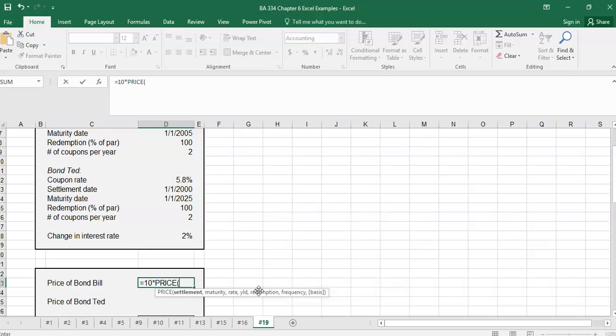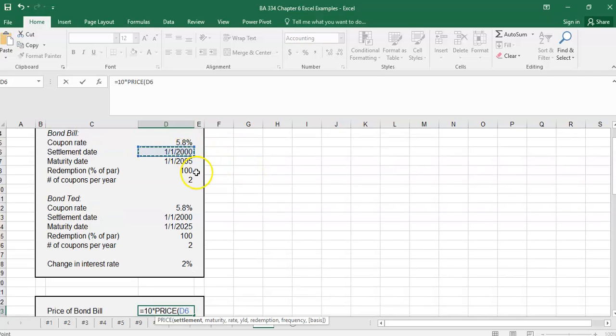We need the settlement date, and we're doing Bill, so that's our 5-year bond: settlement, maturity, then our coupon rate, and the yield is our coupon rate plus the change in interest rate of 2%. So plus this addition of 2% interest. And so that's our yield.